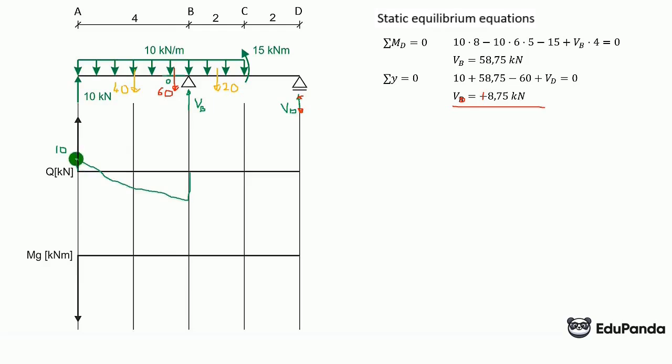Next, we have a jump of the reaction VB value, which is 58.75, and the jump goes upward. That is towards the positive. And we are at minus 30, so to 28.75. We have a jump, 28.75. Then we have a linear drop of 20, that is to 8.75, and that is a positive value.